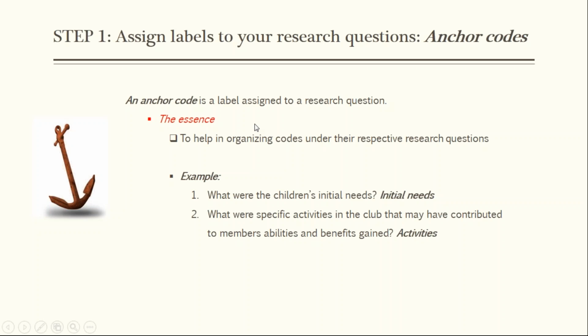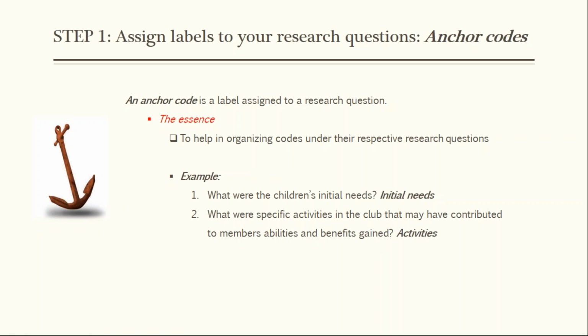As I said, you have to develop an anchor code. For this example, what were the children's initial needs? You can label this research question as initial needs, right? So you're just giving a label to your research question. And this is the second one.